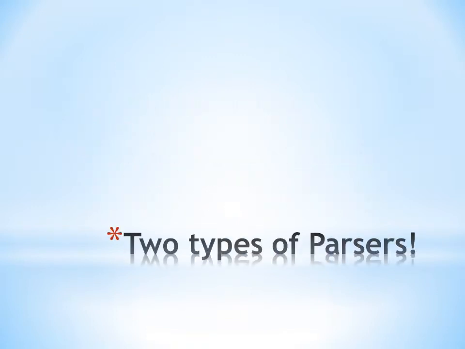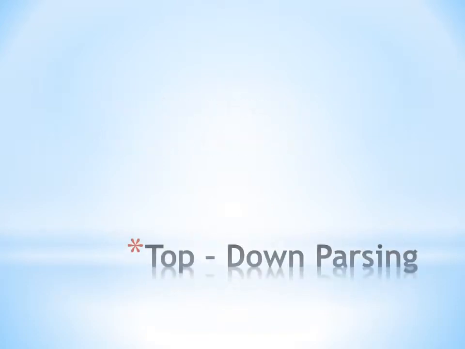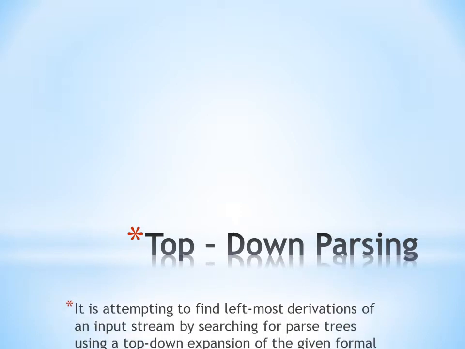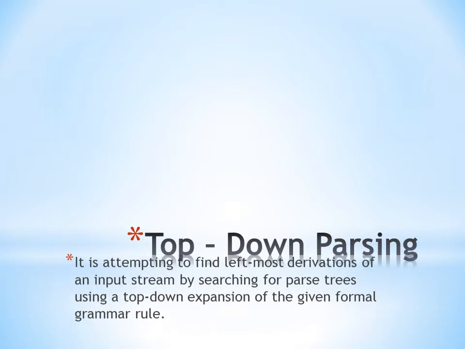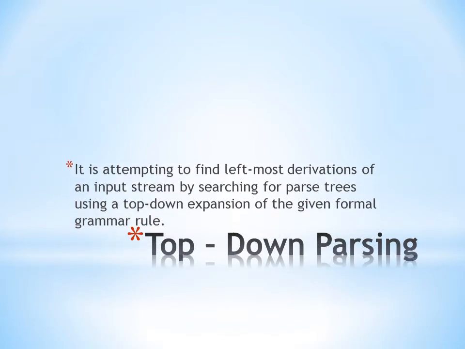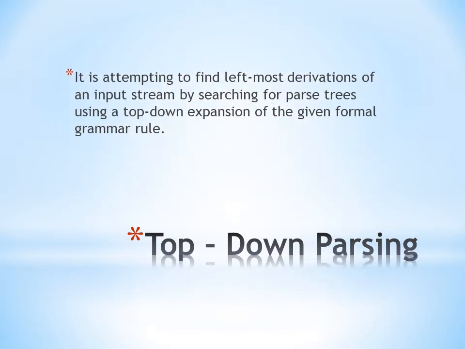There are two types of parsers, which are called top-down parsing and bottom-up parsing. In top-down parsing, it is attempted to find the leftmost derivations of an input stream by searching for parse trees using a top-down expansion of the given formal grammar rule.